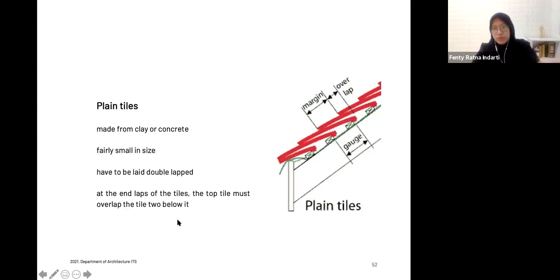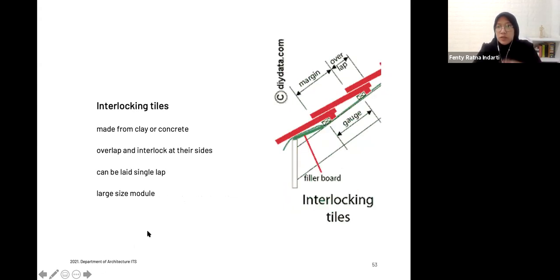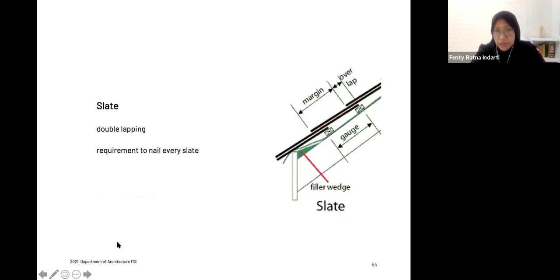The plain tiles are usually very small, in Bahasa you can call it sirap, something like that. So those are the plain tiles, while this one is usually called genteng or terracotta tiles in Bahasa. Next, the last one is the slate, and it's a double lapping, and usually it requires a nail for every slate.